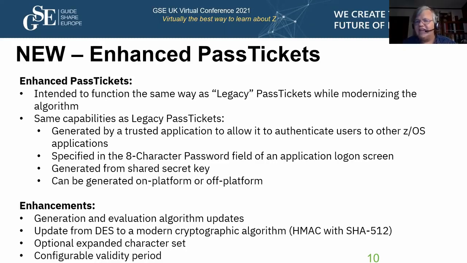And the last of the enhancements is a configurable validity period. A standard pass ticket has a validity period of plus or minus 10 minutes, right? Now we're giving the ability to say that we want plus or minus n seconds, up to 600, so up to 10 minutes. But if you want to make it much shorter, you can do that.